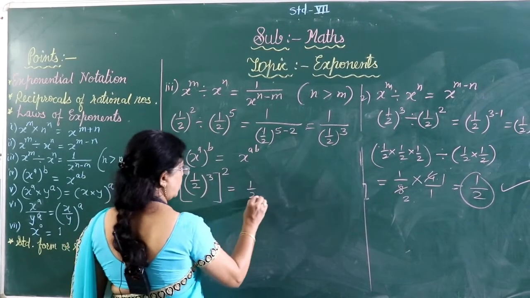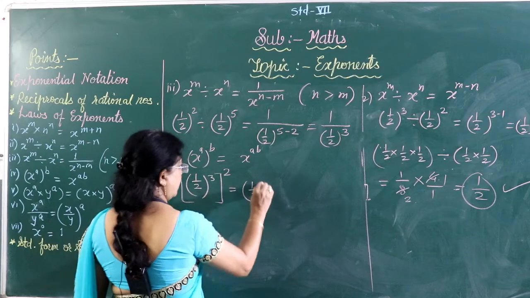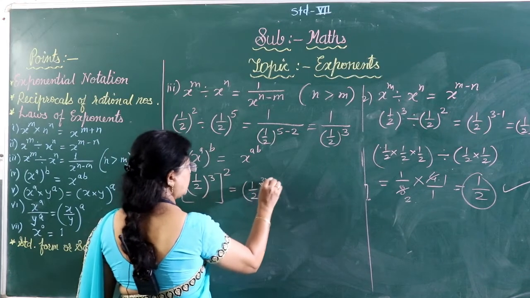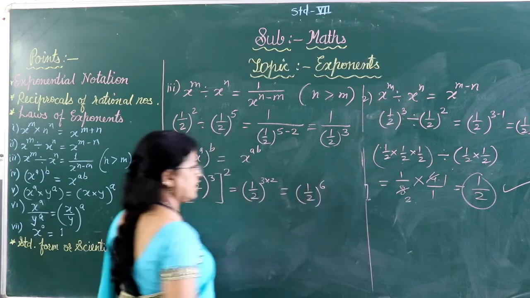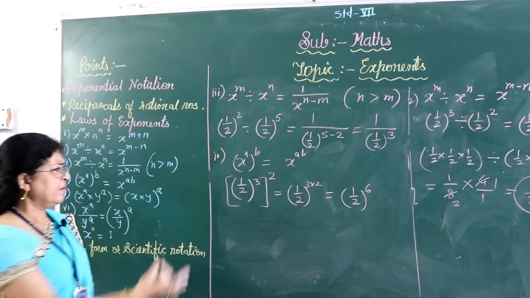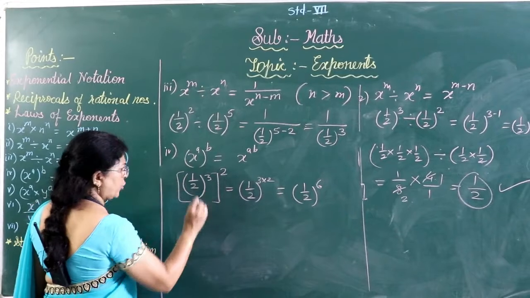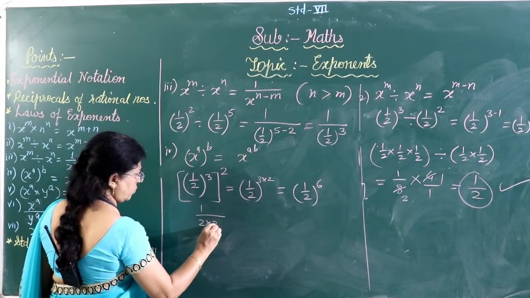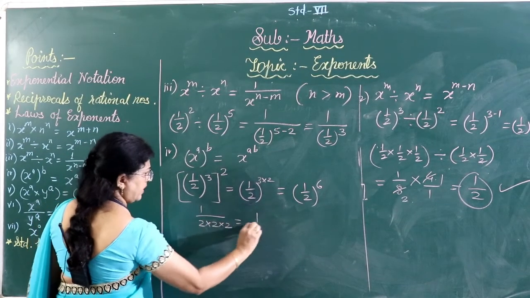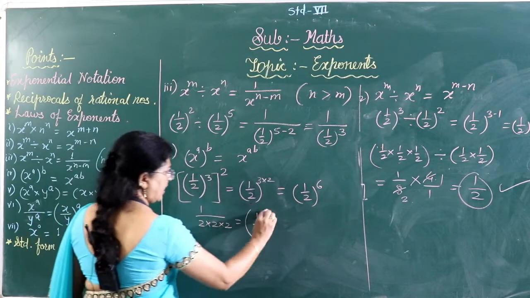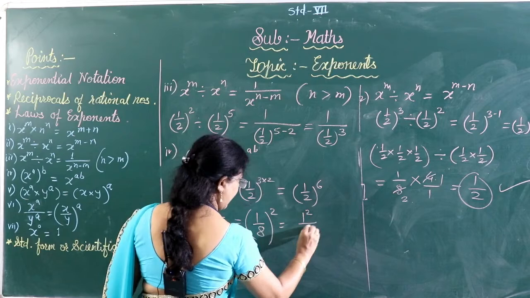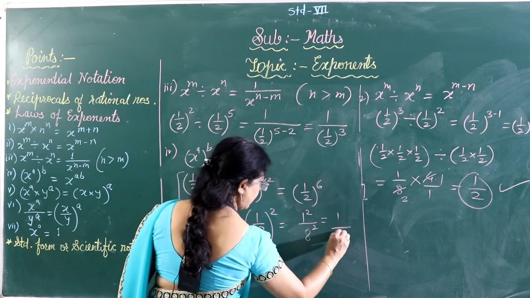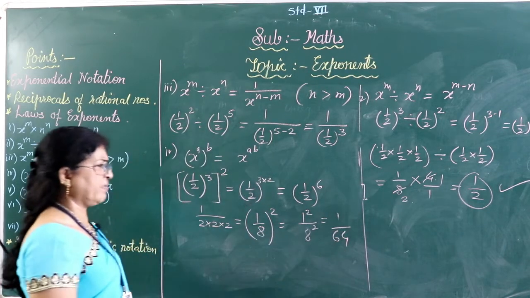1 upon 2 raised to 3, 2s are here, 3 into 2 means according to the law, 1 upon 2 raised to 6. You will get 6, right? You can solve it: 1 upon 2 cube means 1 upon 2 into 2 into 2, so you will get 1 upon 8, right? And again 1 upon 8 square means 1 square upon 8 square means 1 upon 64. 8 square is 64.